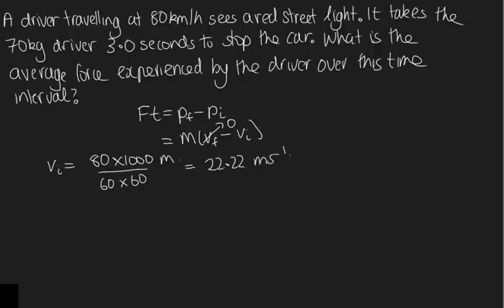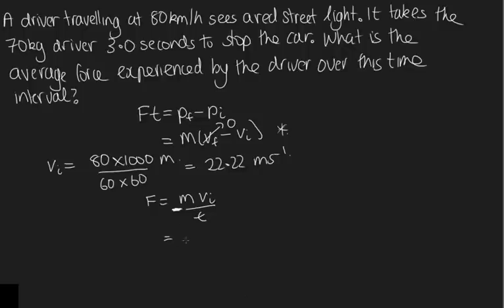Now we can rearrange this equation to get the force. The force is equal to negative the mass times the initial velocity over the time. This negative sign indicates that the force and the initial velocity are in opposite directions.